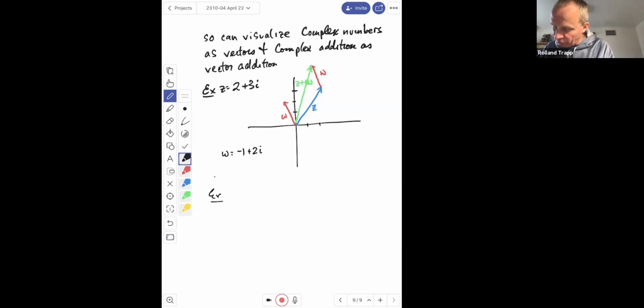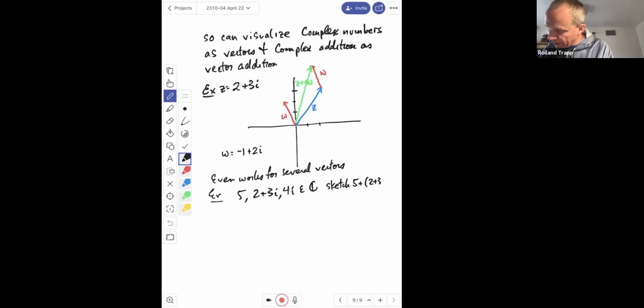This even works for several vectors. So for example, suppose I have 5, 2 plus 3i, and 4i. These are all complex numbers. I want to sketch their sum: 5 plus 2 plus 3i plus 4i.